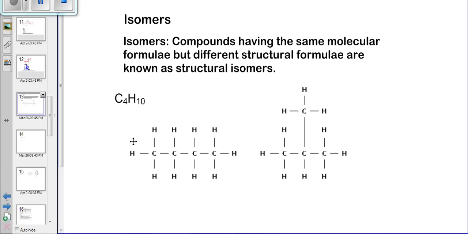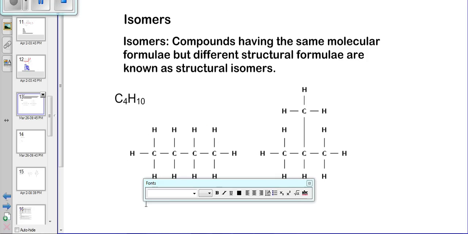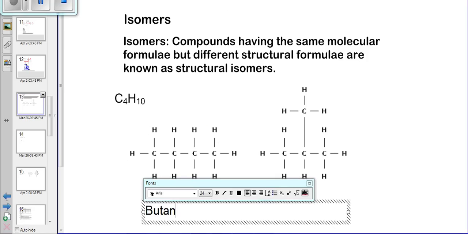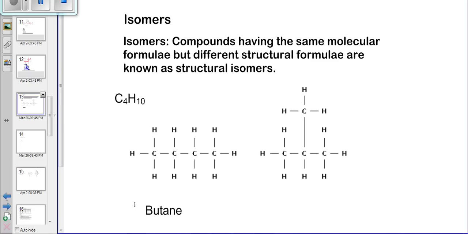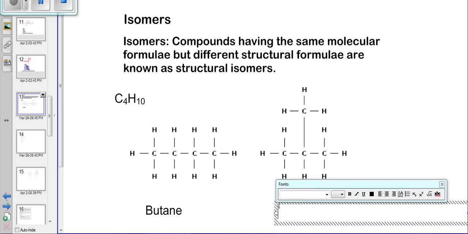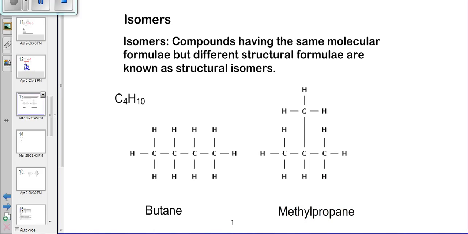But if you look at the structure, you can get this structure or you can get this structure. The name of the first structure that we have here is butane. So butane is C4H10, but if you look at this one, we can also have methyl propane, which is also C4H10.